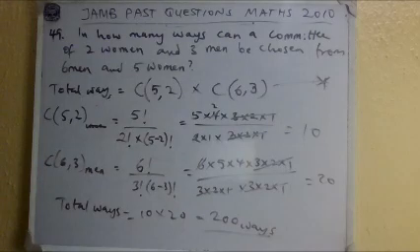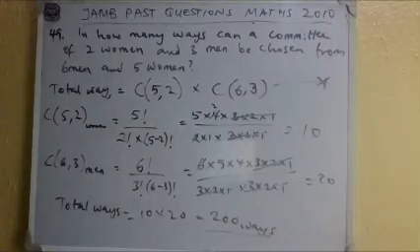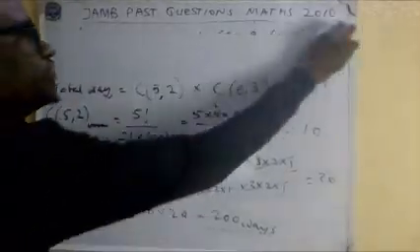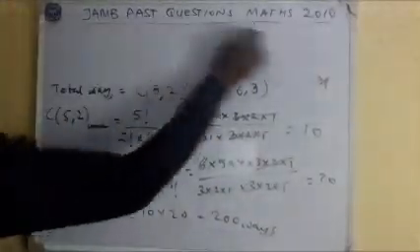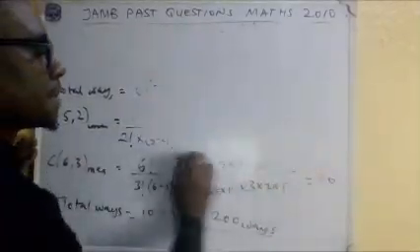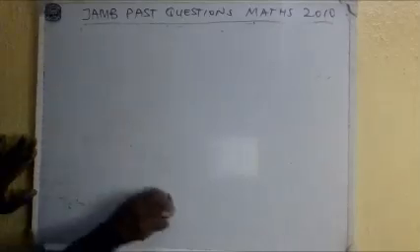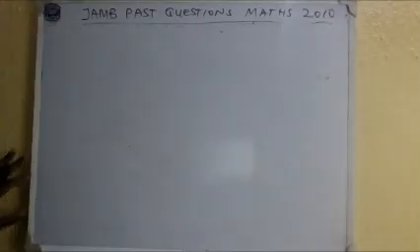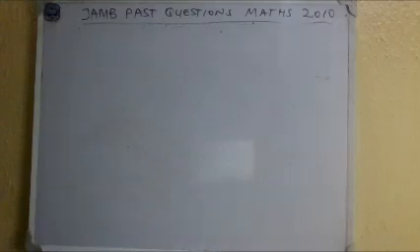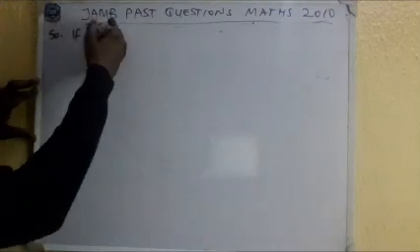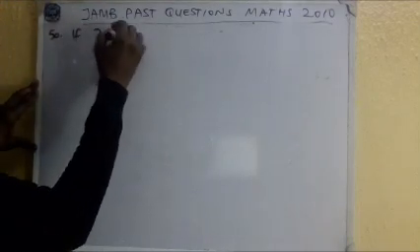Okay, so the last one for this particular year is number 50. So it says, if 3 unbiased coins are tossed, find the probability that they are all heads.